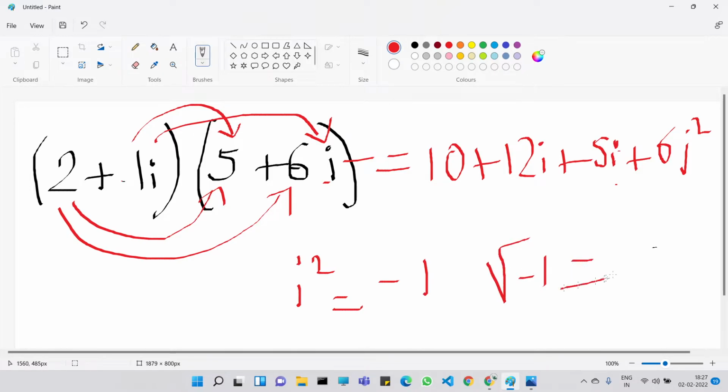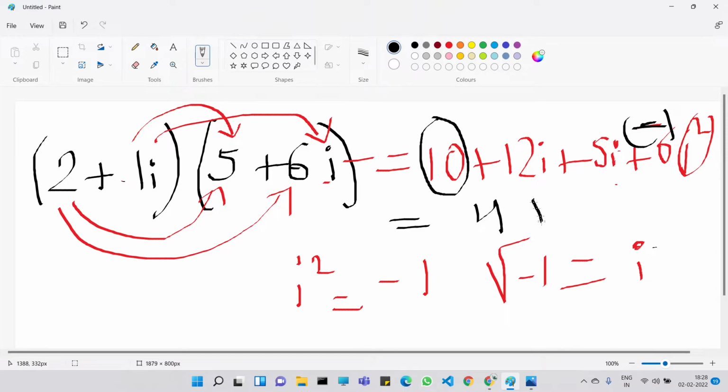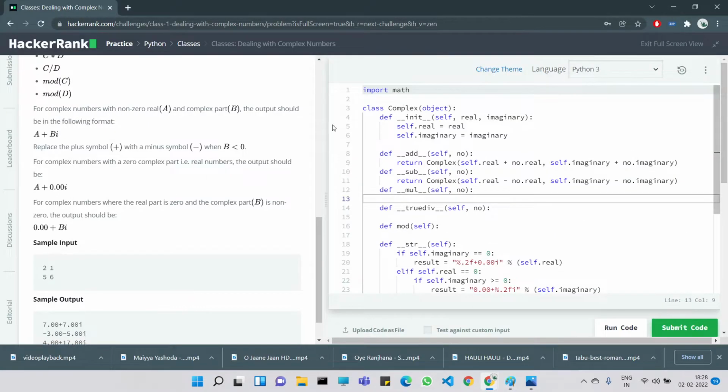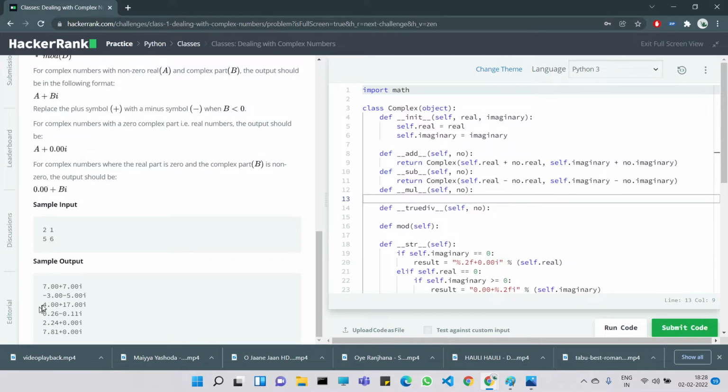So when root of minus 1 gets squared, it will be minus 1. So this i square gets removed, and instead we write minus 1 over here. So this term gets subtracted by this term. So 10 minus 6, 4, equal to, the final result will be 4 plus 17i. Let's see whether it occurs the same in the output. So here 4 plus 17i, similar to that.